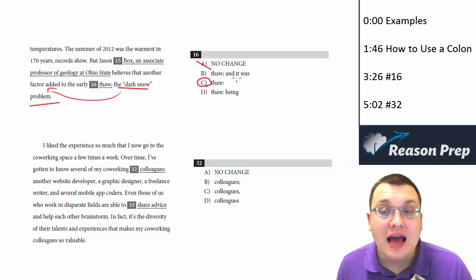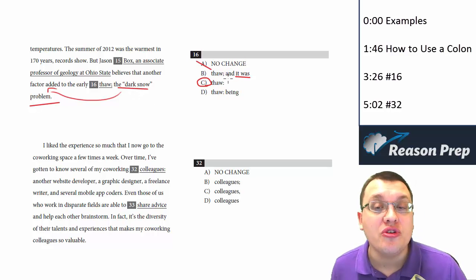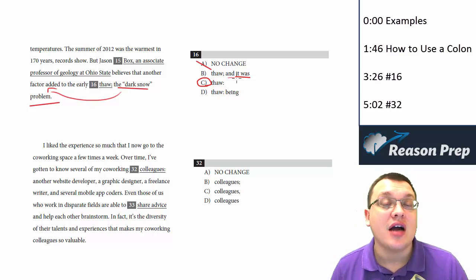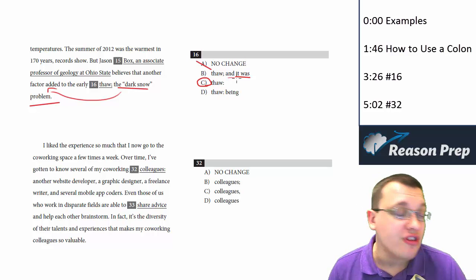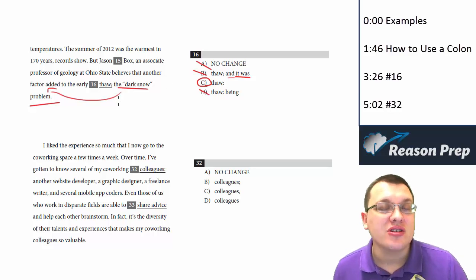In B, we have at least an it was, and it was the dark snow problem, which would be somewhat of a complete sentence. But when we have a semicolon, we don't want to combine it with a FANBOYS conjunction. So you would not ever have comma, semicolon and, semicolon but, semicolon so, semicolon for, would never work. So we would get rid of B. And then in D, sure, we've got the colon, which is good, but the being the dark snow problem.